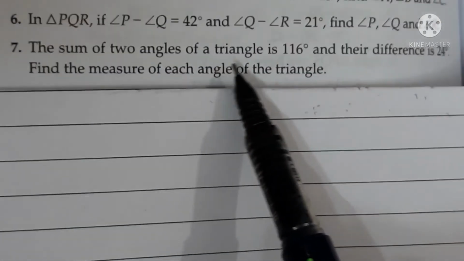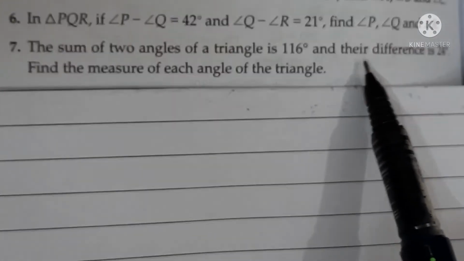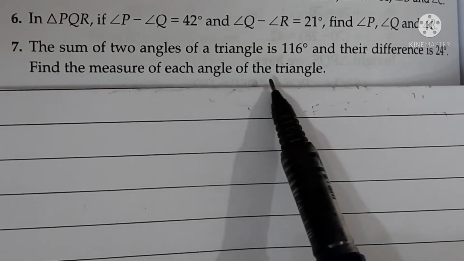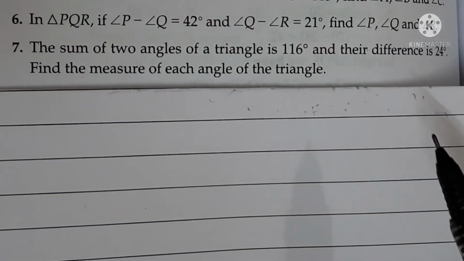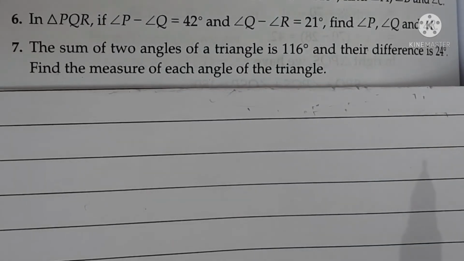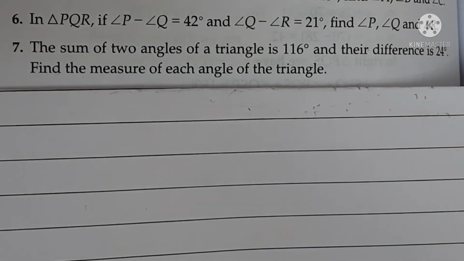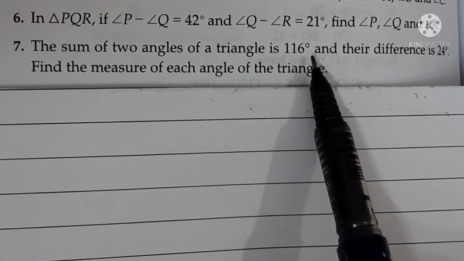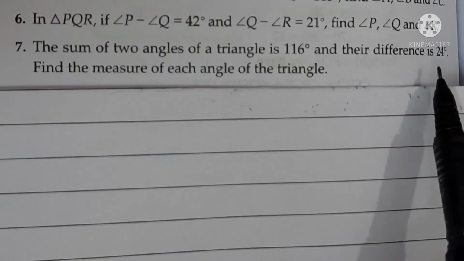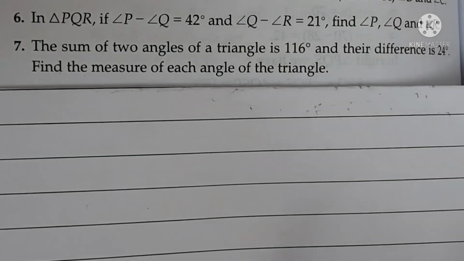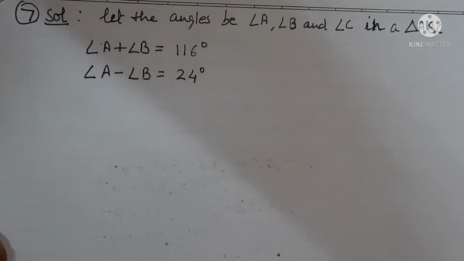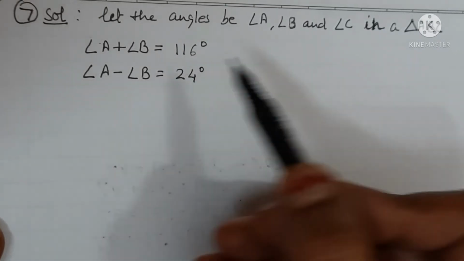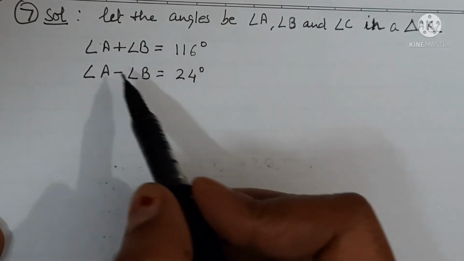The sum of two angles of a triangle is 116 and their difference is 24. Find the measure of each angle of the triangle. So take angle A, angle B and angle C of the triangle and write angle A plus B is equal to 116 degrees and angle A minus B is equal to 24 degrees. Let's see the solution. These two equations are formed, and you know how to solve them.